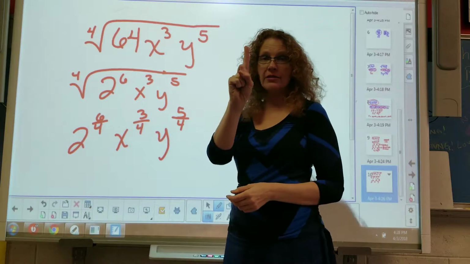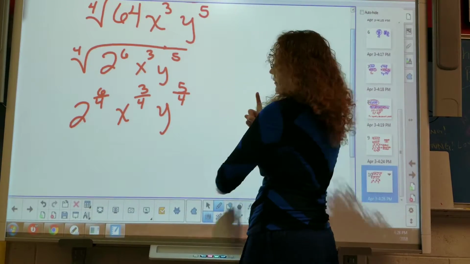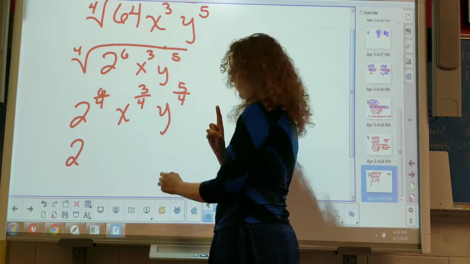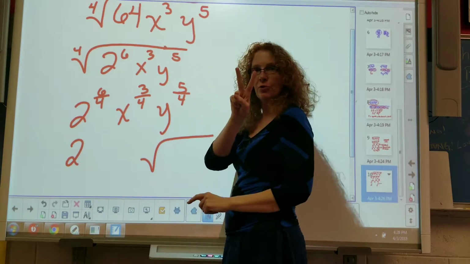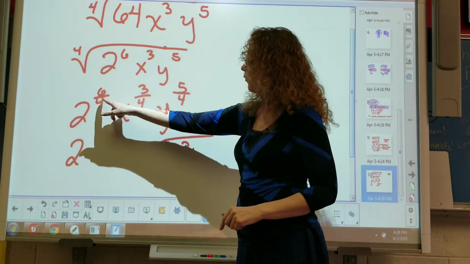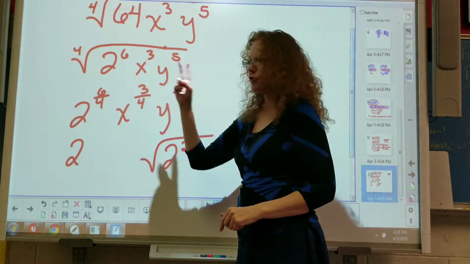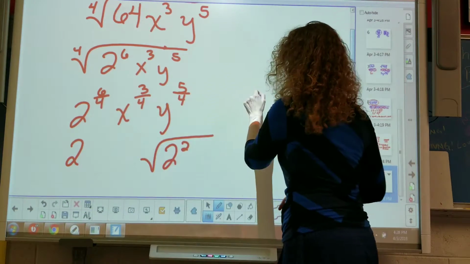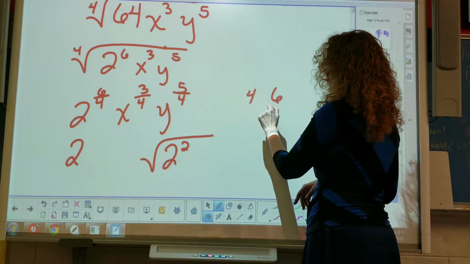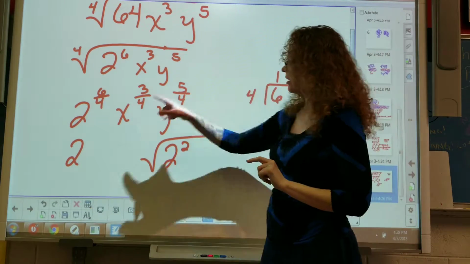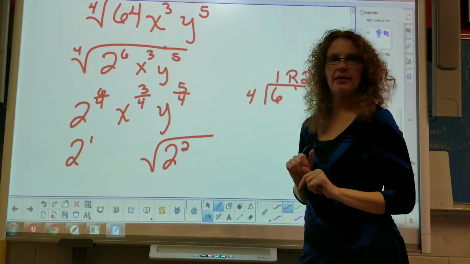And get 1 4 out. So I can get 1 4 out, but what's left over? 2. So 2 squared stays in. 1 4 can come out, 2 stays in. 6 divided by 4 is 1. So if you do 6 divided by 4, you have 1 with a remainder of 2. 1 comes out, 2 stay in.